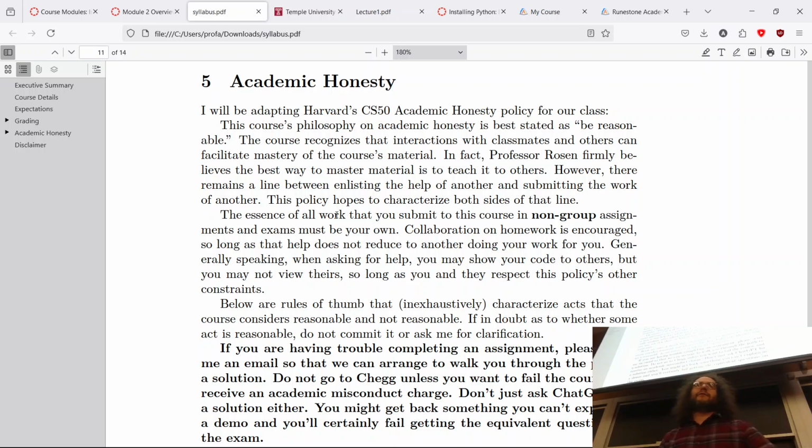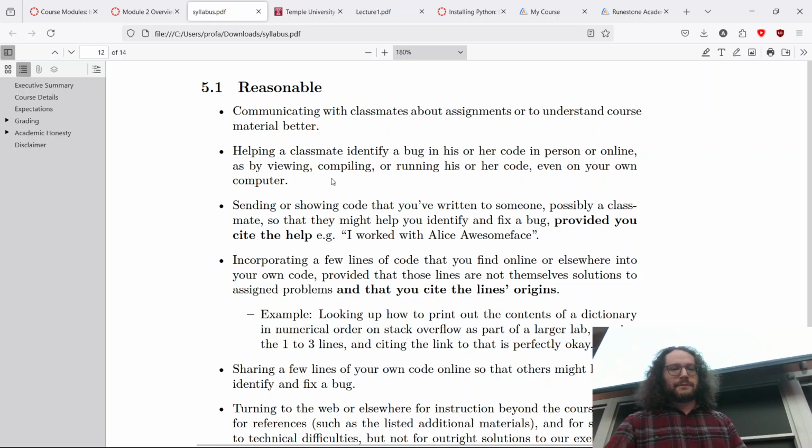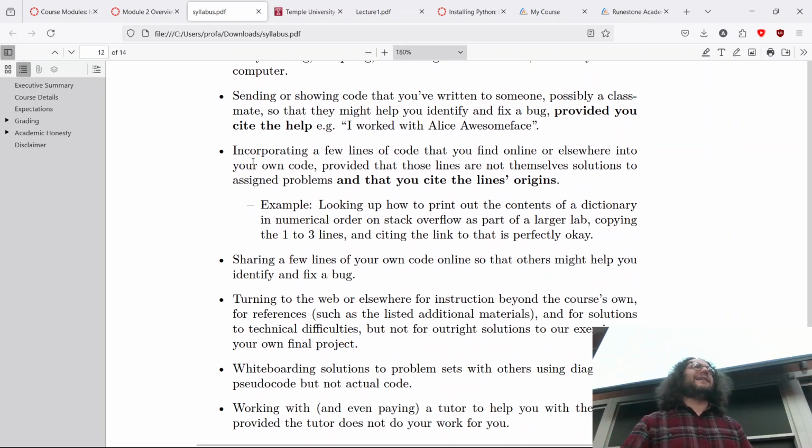However, if you give somebody your answers, that's not going to let them master the material. Okay? I have a full walkthrough of what these are. Occasionally, you'll find stuff online that will answer your question or a part of a question for you, like how do I do a for loop that does this, or how do I do a for loop that does every other line, or something like that.